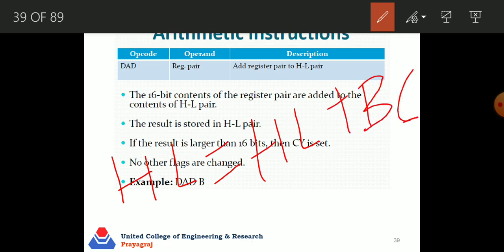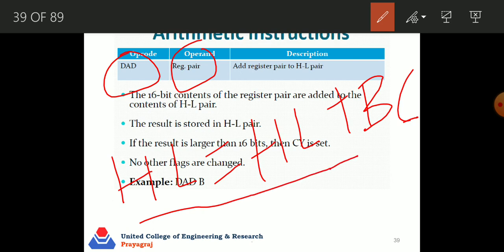Very, very important: here the operand should be a register pair. The meaning of DAD is HL equals HL plus the pair. If it is DAD H, that means HL equals HL plus HL. If it is DAD B, that means HL equals HL plus BC. If it is DAD D, that means HL equals HL plus DE. Very, very important instruction.